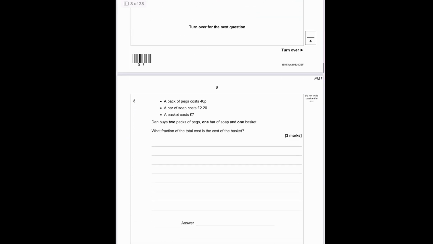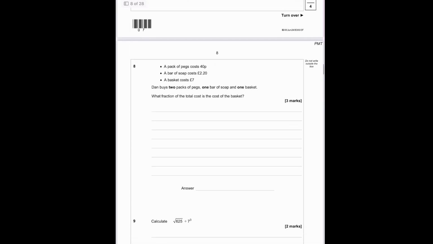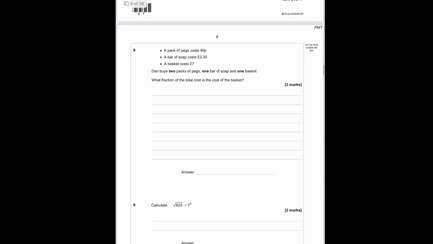A pack of pegs costs 40 pence, a bar of soap costs £2.20 and a basket costs £7. Dan buys 2 packs of pegs, so that's 2 lots of 40 pence. 1 bar of soap, that's £2.20 and 1 basket for £7. Now let's make sure this is in pounds as well, so that would be 0.8.